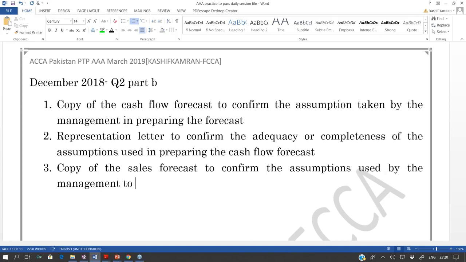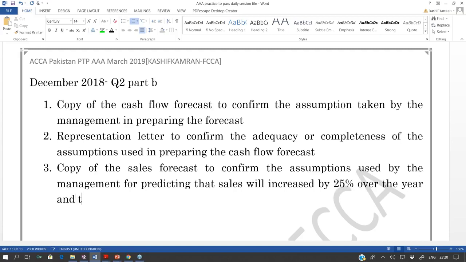for predicting that sales will increase by 25% over the next year, and to further confirm the realisticness of the assumptions used.